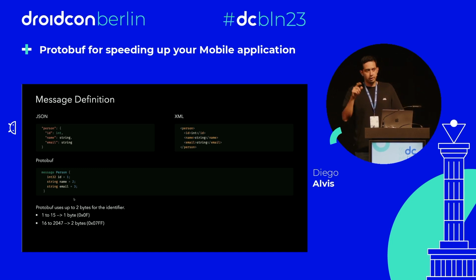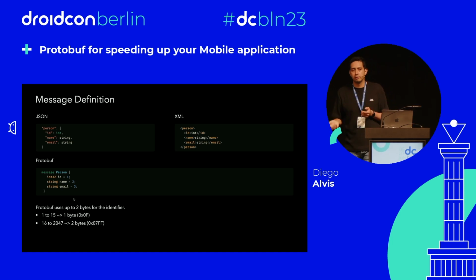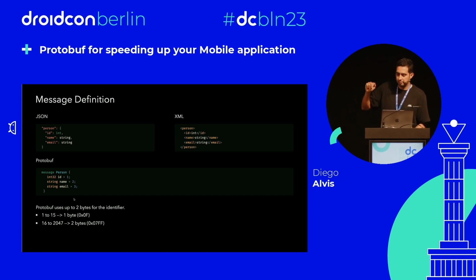Right? So there is a recommendation here that the most used values of your message, you should put in the first 15. If you have optional values that might go or might not go, it's better to put them in the other part. Right? There are some remaining bytes that are used for control and security, so they don't count.